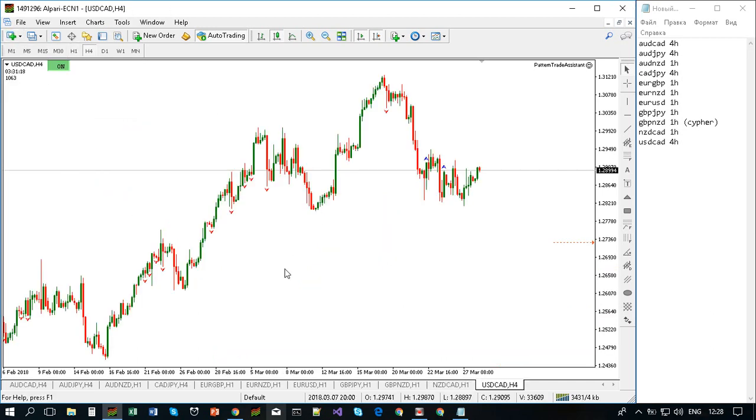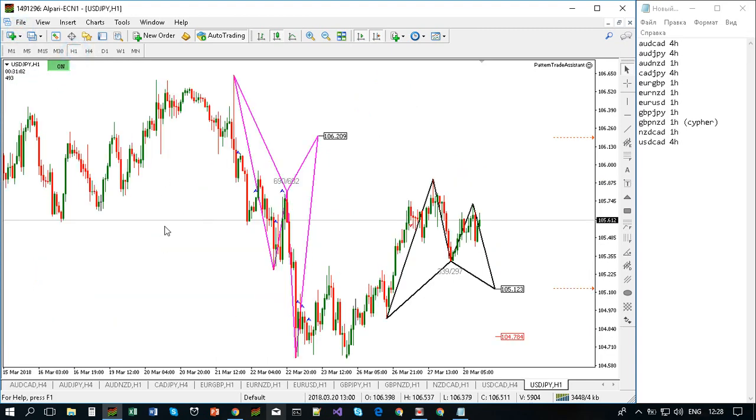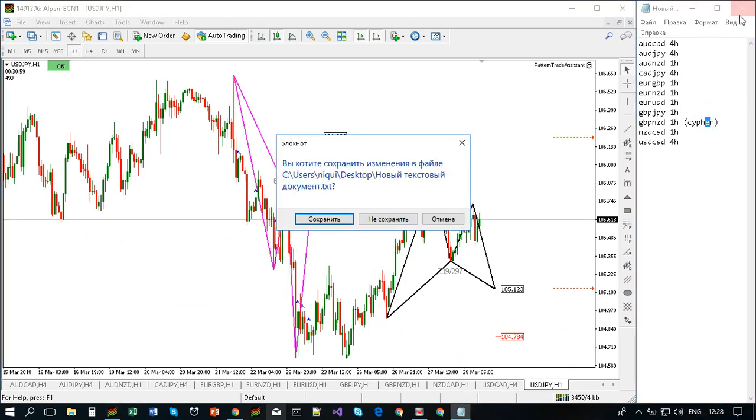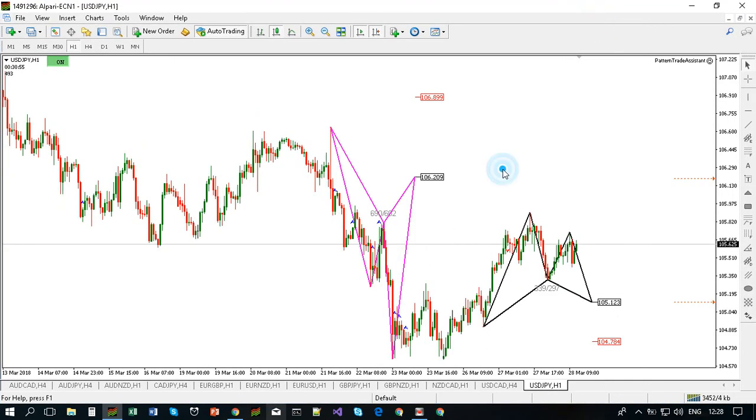And okay, it is drawn this way. Dollar yen 1 hour cipher and a unified Gatli. Okay, that's it. Here are the pairs that I am interested in.